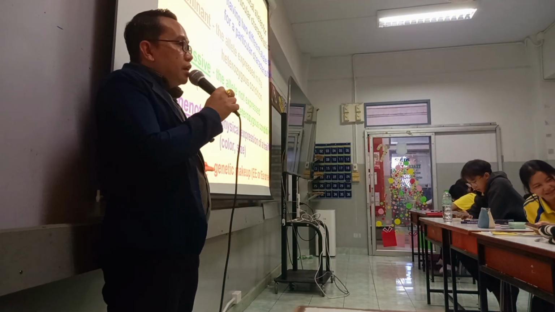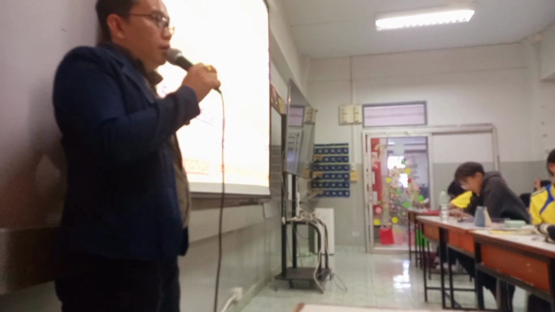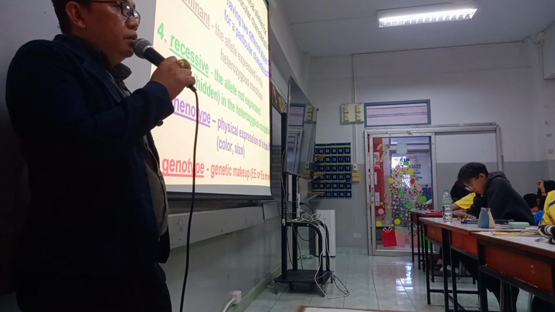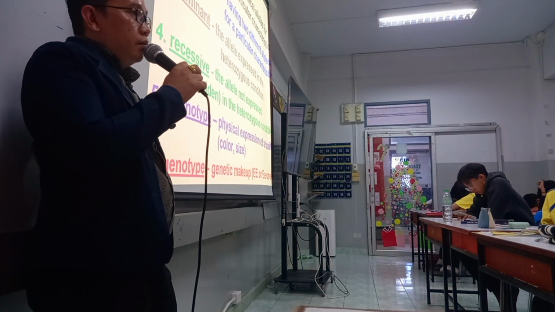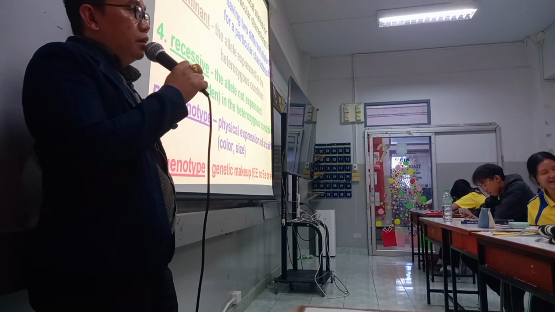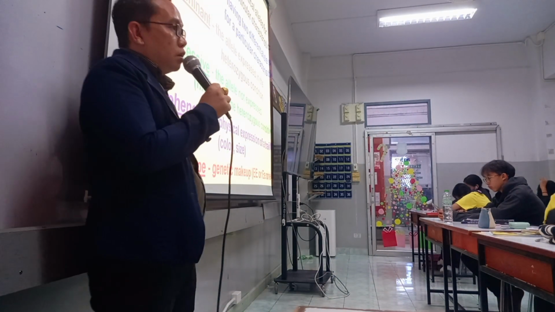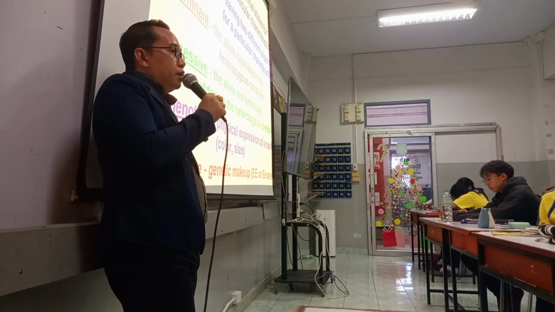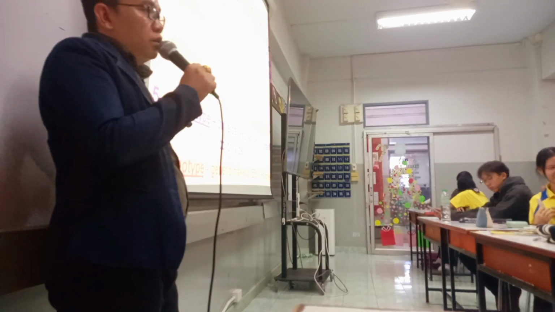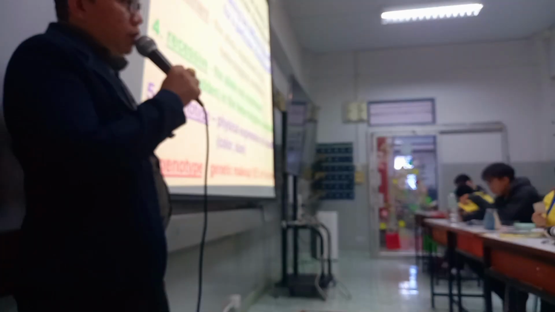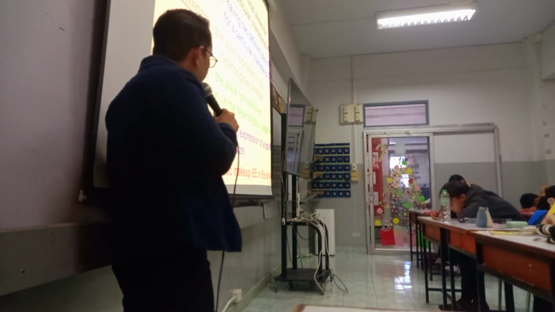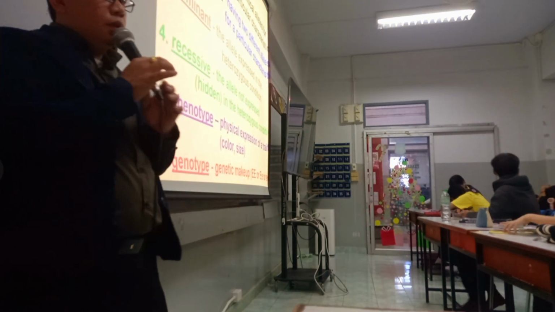For example, writing two letters, big and small letters, or big and big letters, two capital letters, those are the representation of genotypic expression or genotype makeup. So we can see the difference between them.